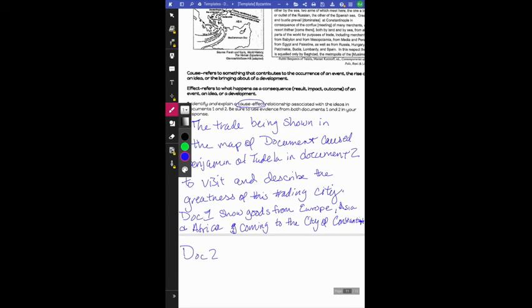Doc 2 describes how impressive the city is and all the different merchants trading there. Okay.